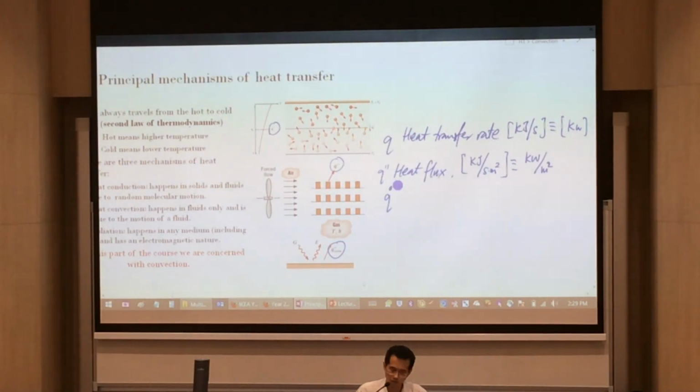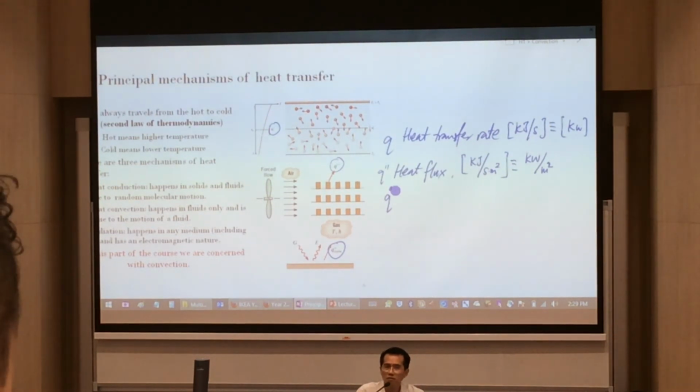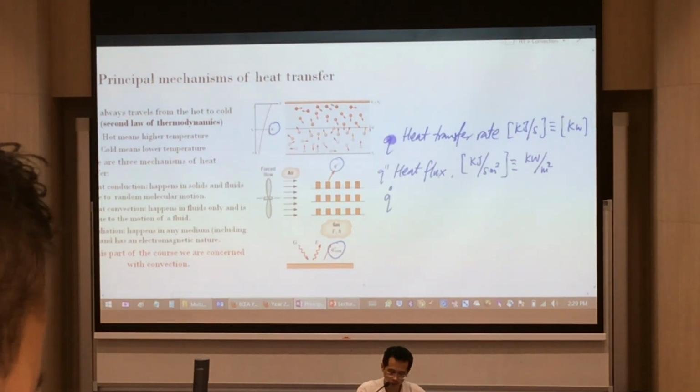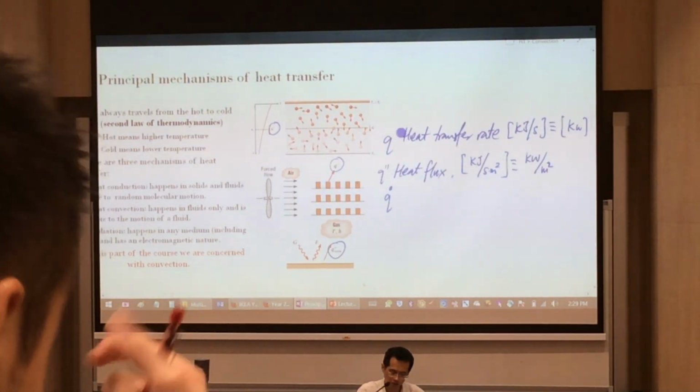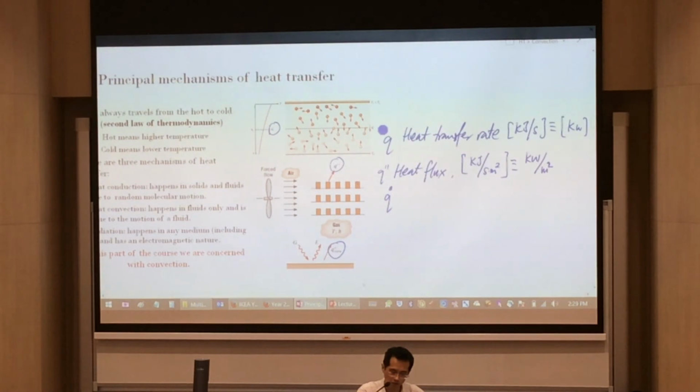In fact, Q dot in certain textbooks, not Coleman, other textbooks, they use heat transfer rate using the symbol Q dot. This dot over there represents rate. If you learn your dynamics and you see dot, it means per time. So some textbook would write instead of Q over here, you would write Q dot. And some other textbook, instead of writing small letter Q here, they write capital letter Q. So different textbook uses different symbols.